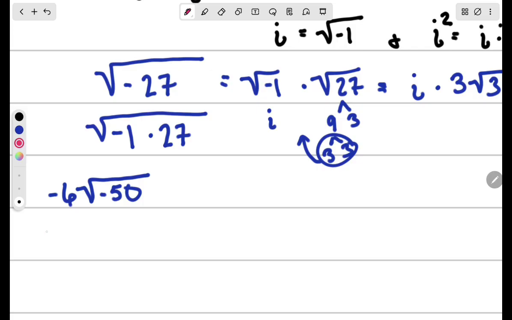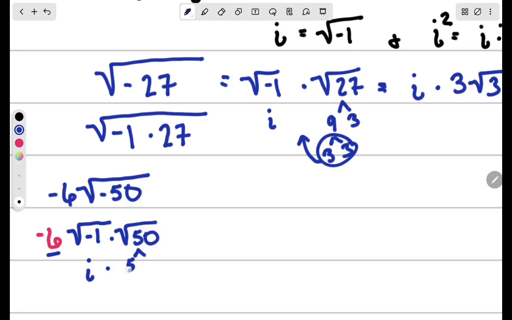So negative 6 is still going to be there, but under the radical, I can take out that negative and say negative 1, and the square root of 50. And we know that the square root of negative 1 is the imaginary unit i. Only thing we've got to do is break down this 50, and whatever we pull out, we're going to put it with that negative 6.